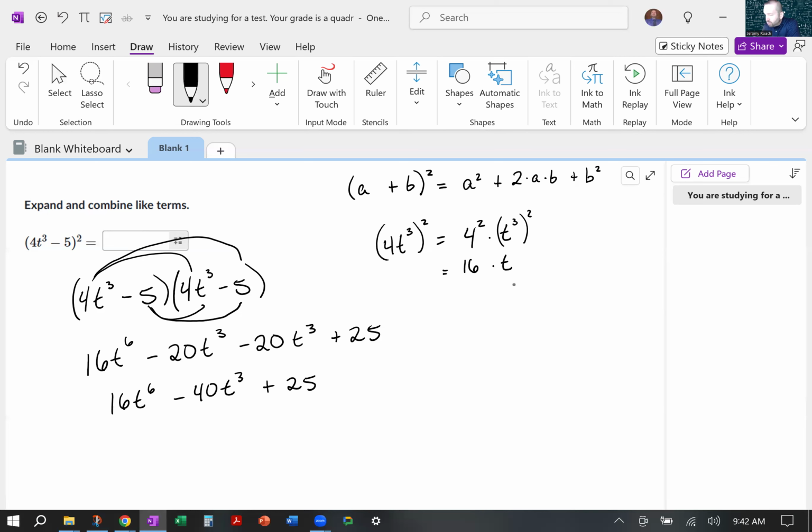Now this is power of a power, so this is multiplying the exponents, now to the sixth. If this part's a little bit advanced for you, that's okay. This is the shortcut method. But if you follow along with that shortcut method, that's great. This is going to be our main answer.